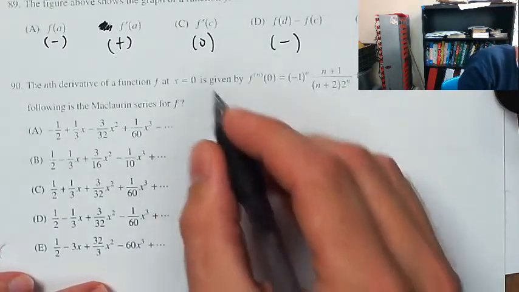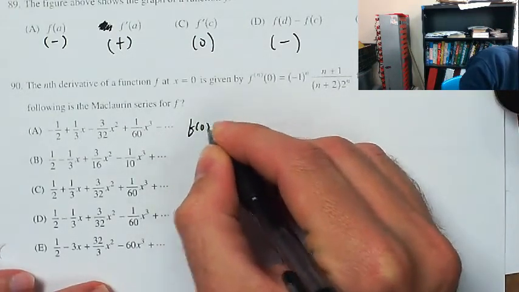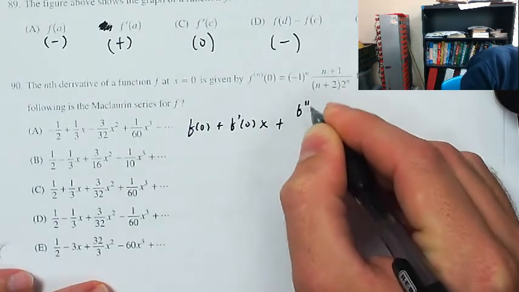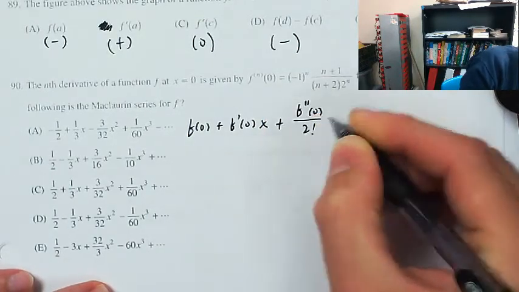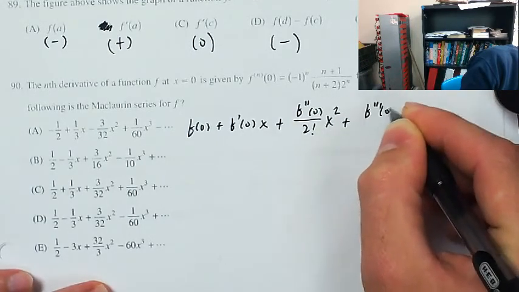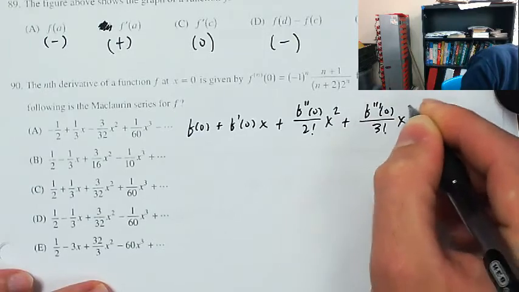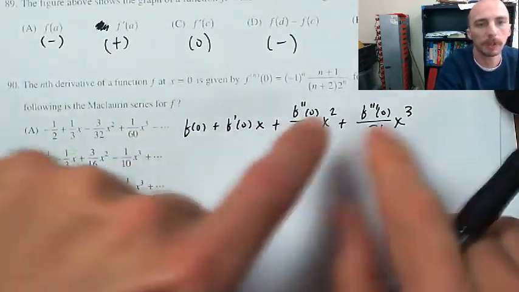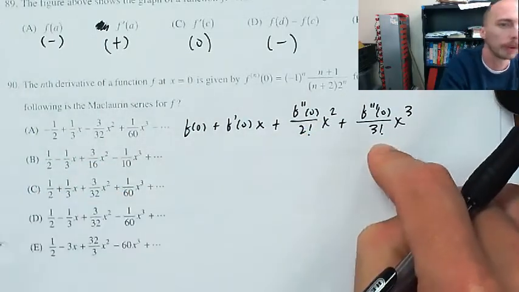Okay, so we know that it would start out with f of 0 plus f prime of 0 times x, but then it's going to be f double prime of 0 divided by 2 factorial x squared, f triple prime of 0 divided by 3 factorial x to the 3, right? And because of the differences in these answer choices, I'm going to be focusing on these two terms here.